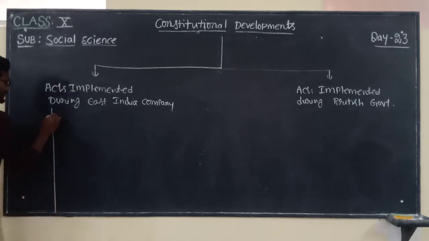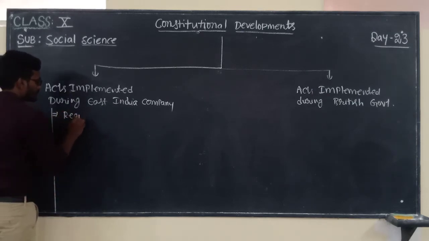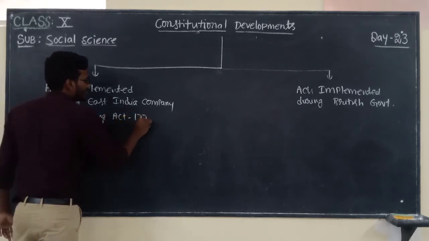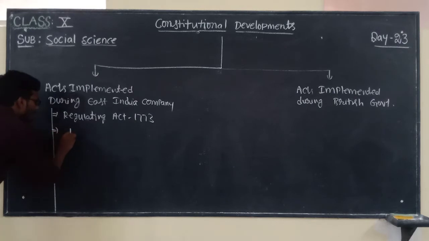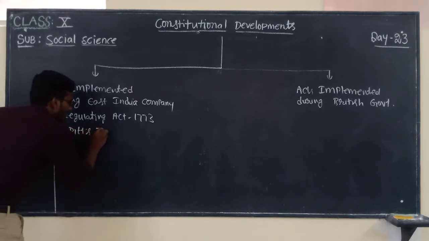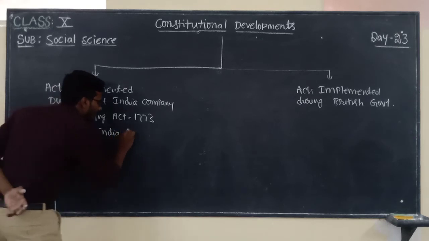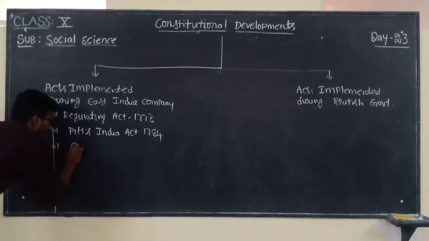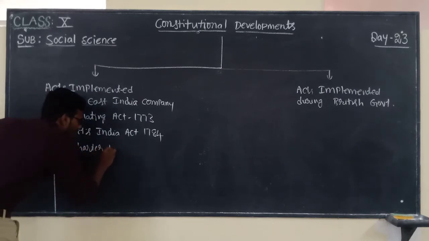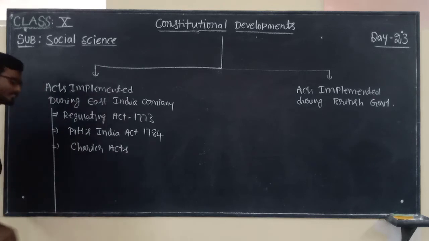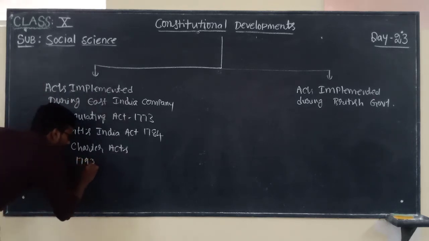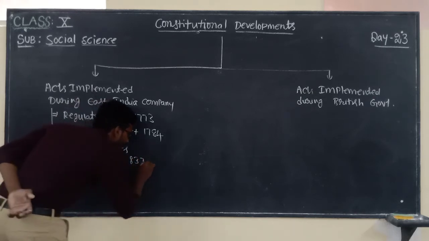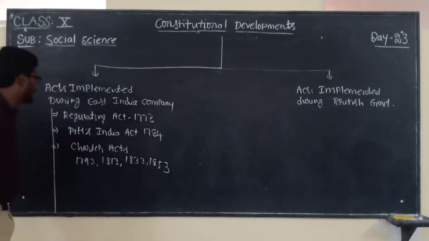Acts implemented during East India Company. What are the acts we discussed? Regulating Act 1773, next Pitt's India Act 1784 and Charter Acts 1793, 1813, 1833, 1853.